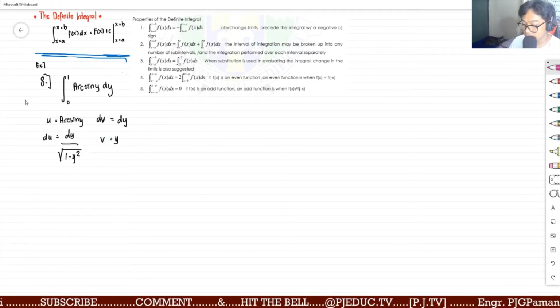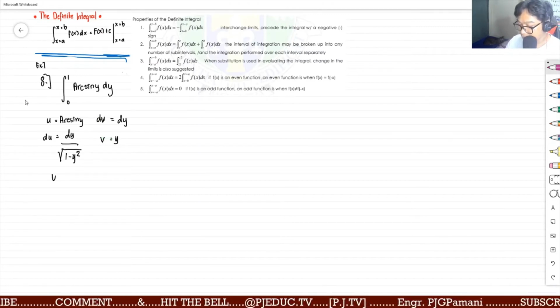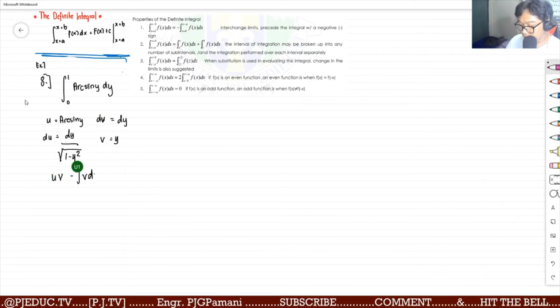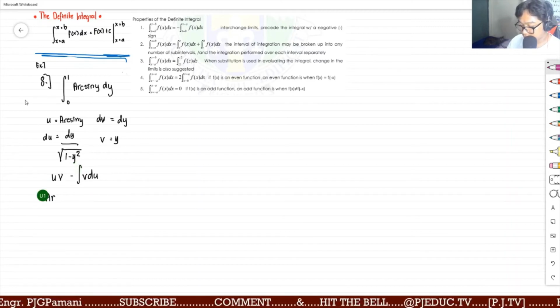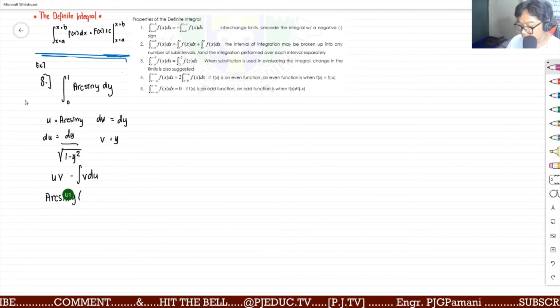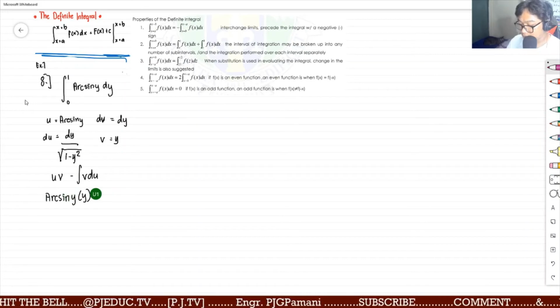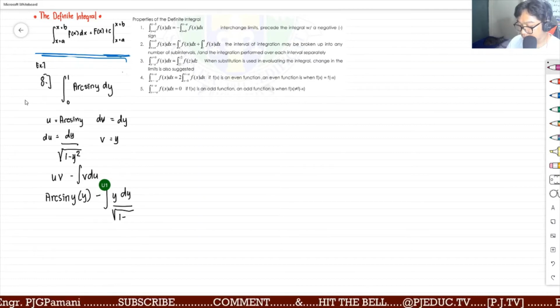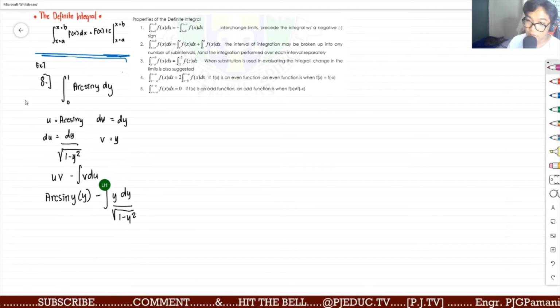Okay? Then integration by parts: u times v minus the integral of v du. Right? U is arc sine y times v, which is y, minus the integral of y times du, which is dy over the square root of 1 minus y squared.